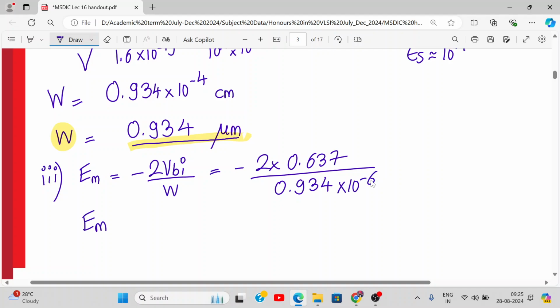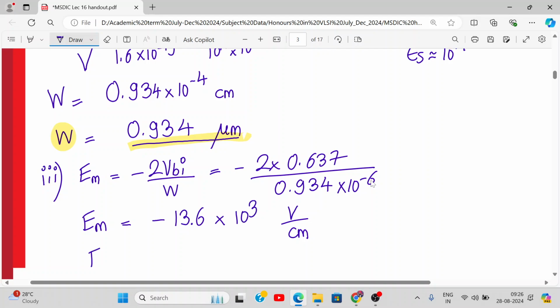So calculate EM. Its unit is volt per centimeter. By default, unit of W is centimeter. By default, unit of EM is volt per centimeter. So what are you getting? 13.6 into 10 raised to 3.